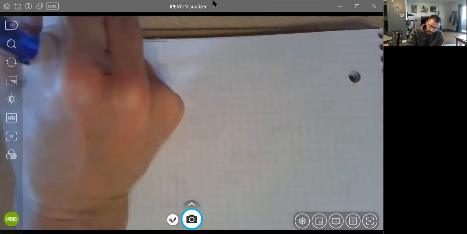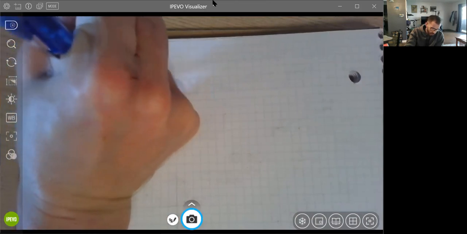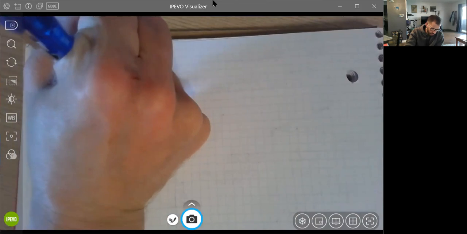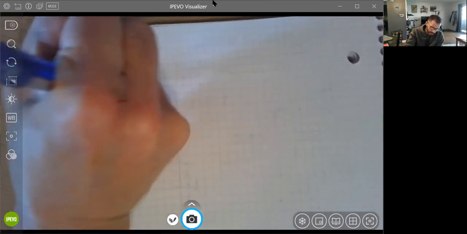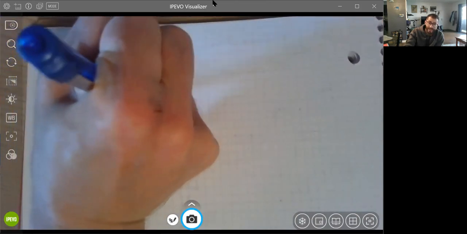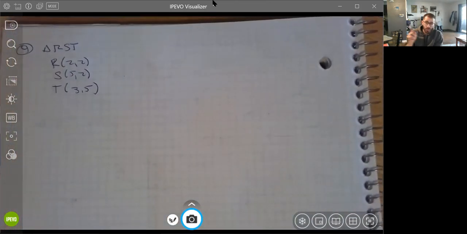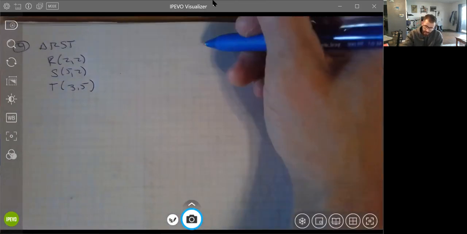It has vertices of R is 2, 2, S is 5, 2, and T is 3, 5. Now, directions say to graph, so I guess we're graphing. If you wanted to get a head start and skip the graph to just do the image after translating this triangle, good for you, but the directions still say graph, so there better be a graph with it when you're done.